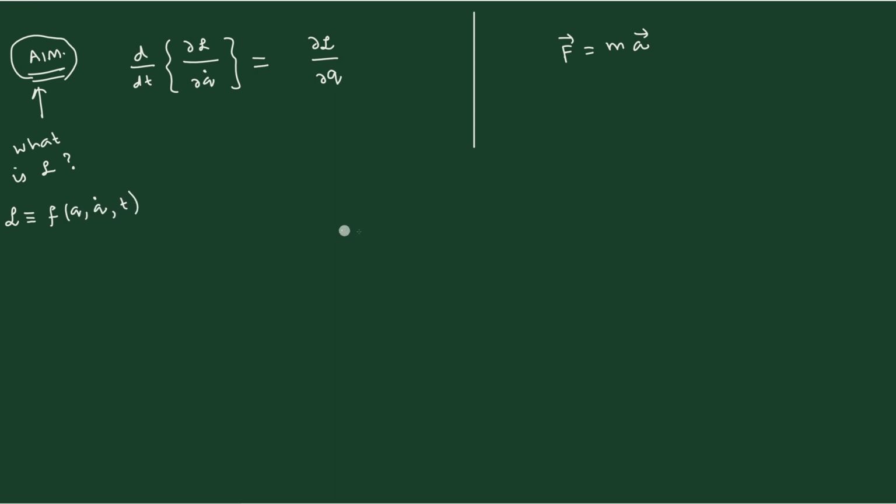But this information is not enough. In our previous discussion, we have seen that the number of functions that you can write arbitrarily using mathematics is infinitely many. You yourself can write down infinitely many possible combinations of Q, Q dots and T. So with that many combinations of functions, what are you going to do?